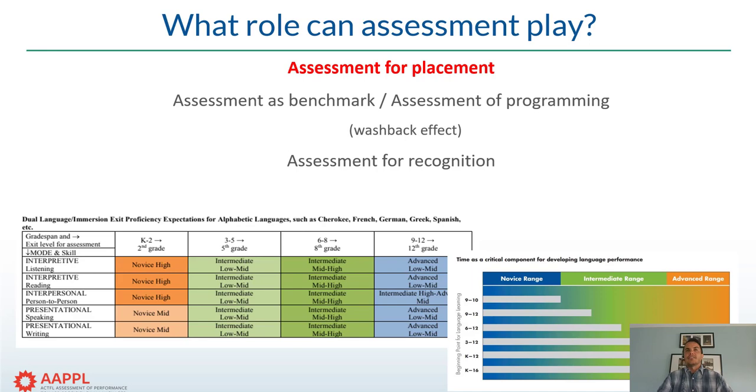So looking at an assessment like the AAPPL as essentially a summative assessment, which has seen growth over the past 4 or 5 years as the importance of the seal of biliteracy has heightened.